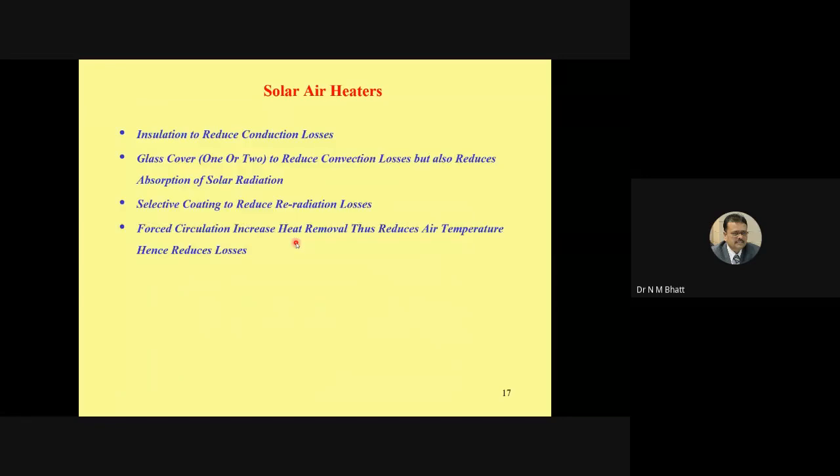Now let's understand what we have done: to develop the evacuated glass tube based solar air heater. These heaters are low cost as well as energy efficient.